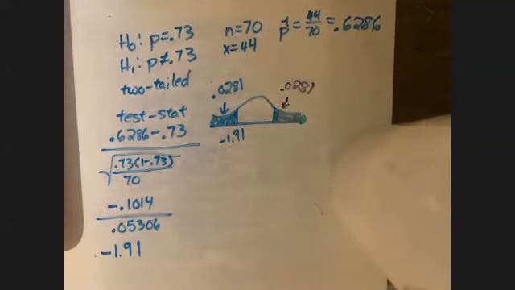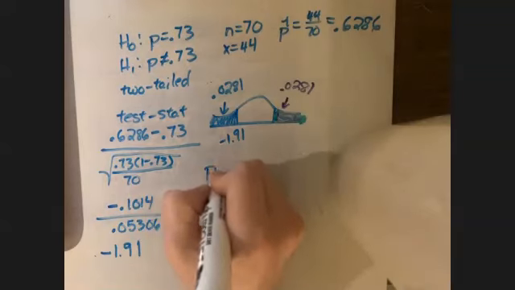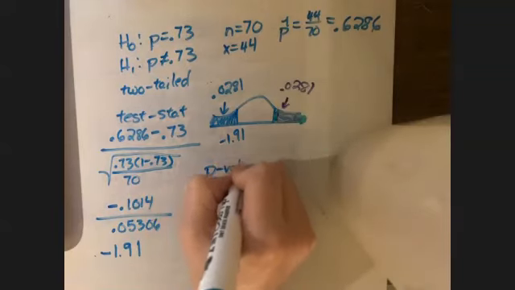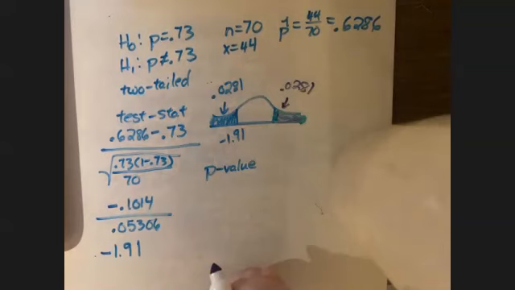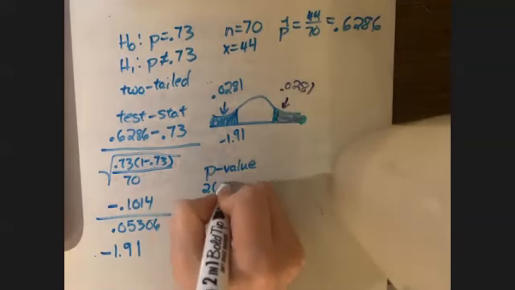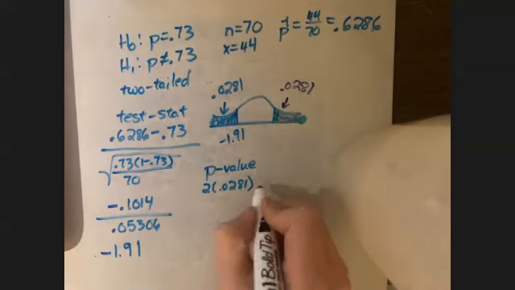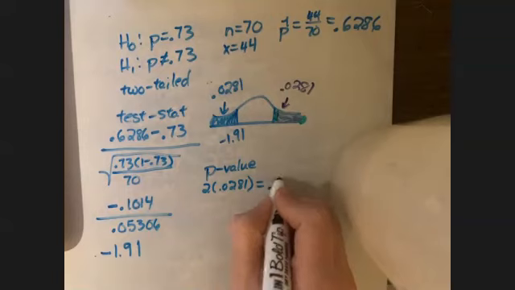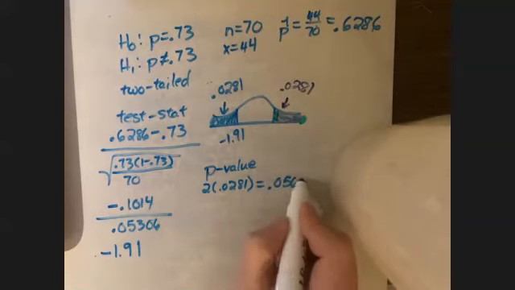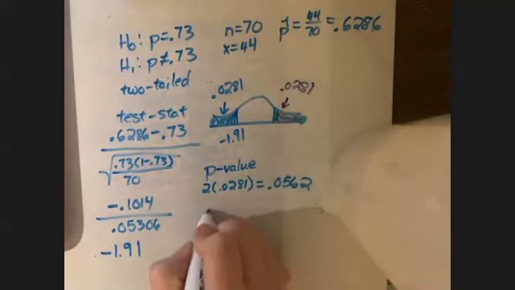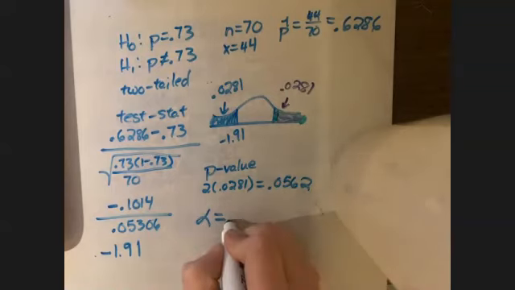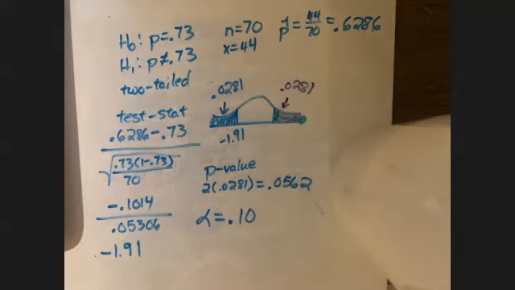That means your p-value is both of those together, or 2 times 0.0281. You have to do this only in the two-tailed test. This is 0.0562.